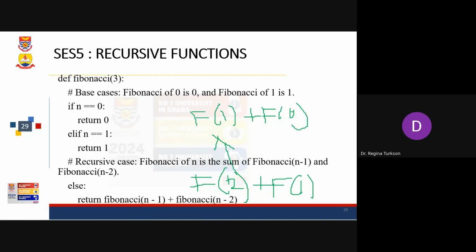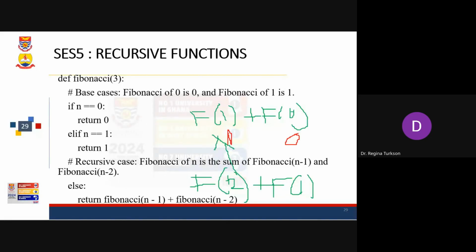Now, from our code, we can substitute the values. We know that fib of 0 is 0, so we put 0 down. Use a red pen to do that for me. And we know that fib of 1 is 1, so put it down there. And then we go to the other side.